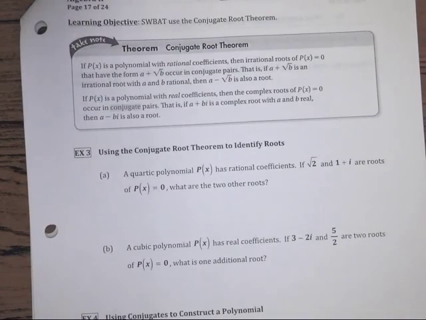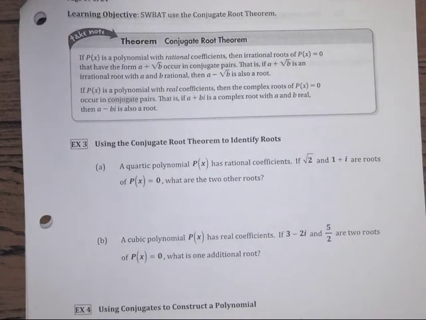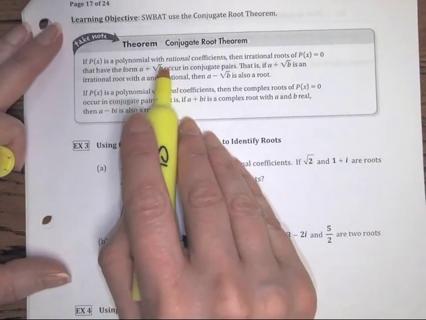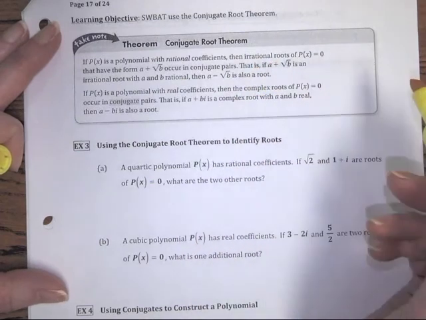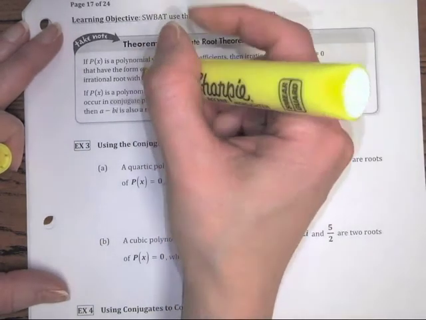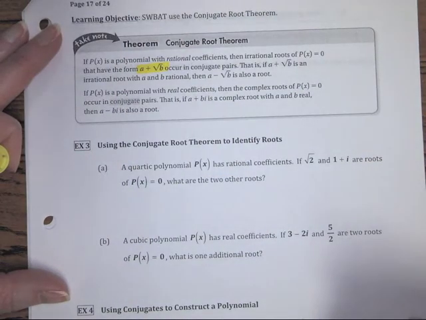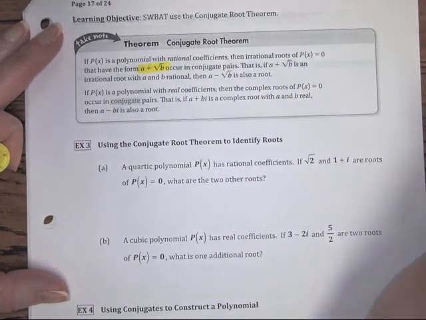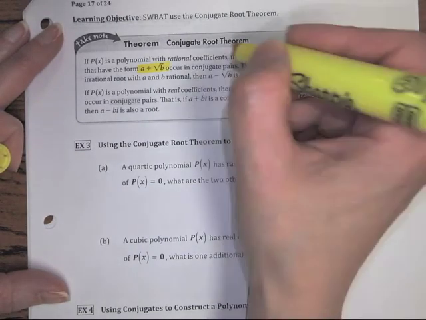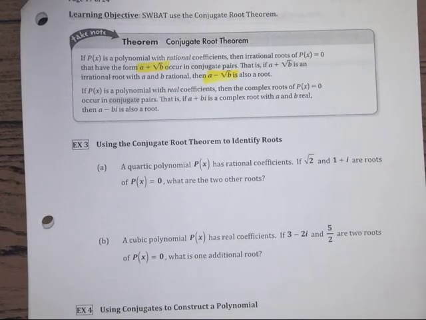This is kind of neat. The conjugate root theorem, and here's what this says. If you have a polynomial and the coefficients are rational, then irrational roots of the polynomial that have the form a plus the square root of b occur in conjugate pairs, which means that if a plus the square root of b is an irrational root, then a minus the square root of b is also an irrational root.